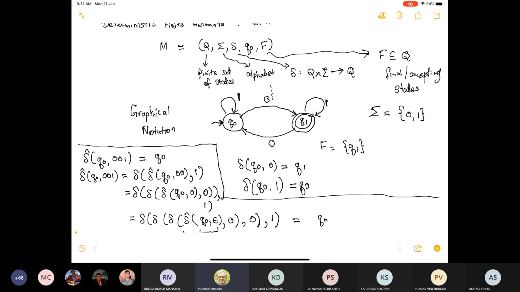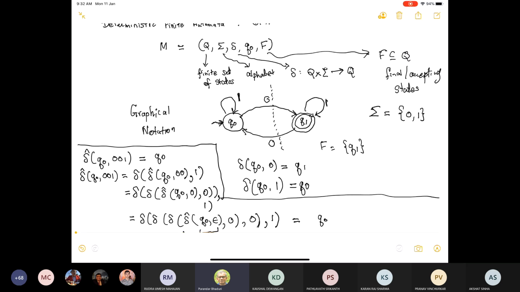Because starting from state q naught, if you read any string with an even number of zeros, you come back to q naught, and if you read any string with an odd number of zeros, you come to Q1.